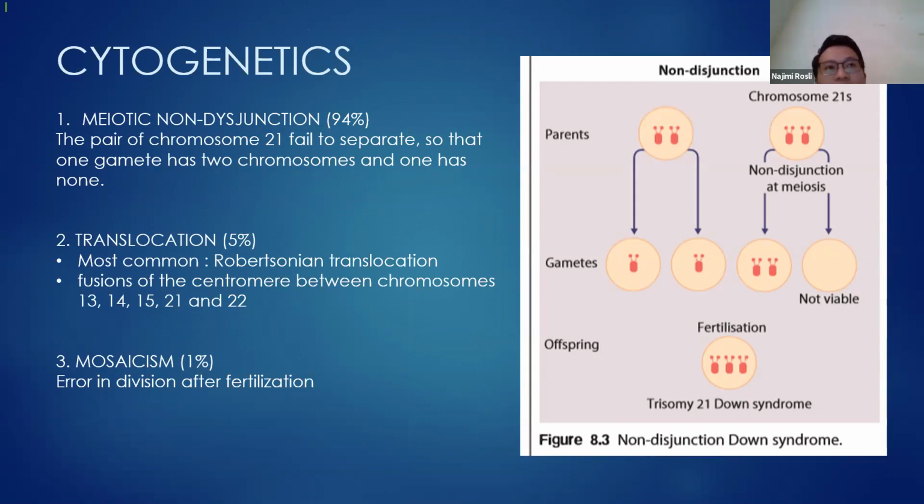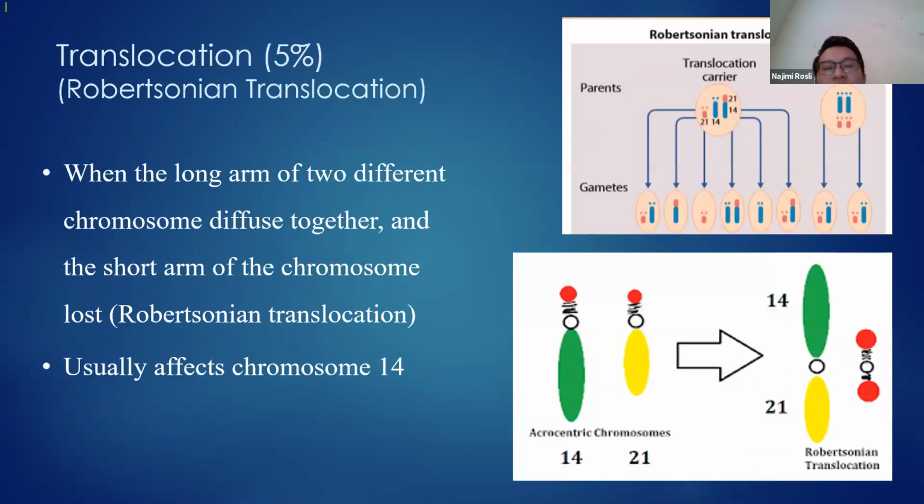And also 5% of them are caused by translocations, in which the long arms of two different chromosomes fuse together and the short arms of the chromosomes are lost. It usually affects chromosome 14. There are also other chromosomes such as 15, 20, or 21, but commonly it is chromosome 14.